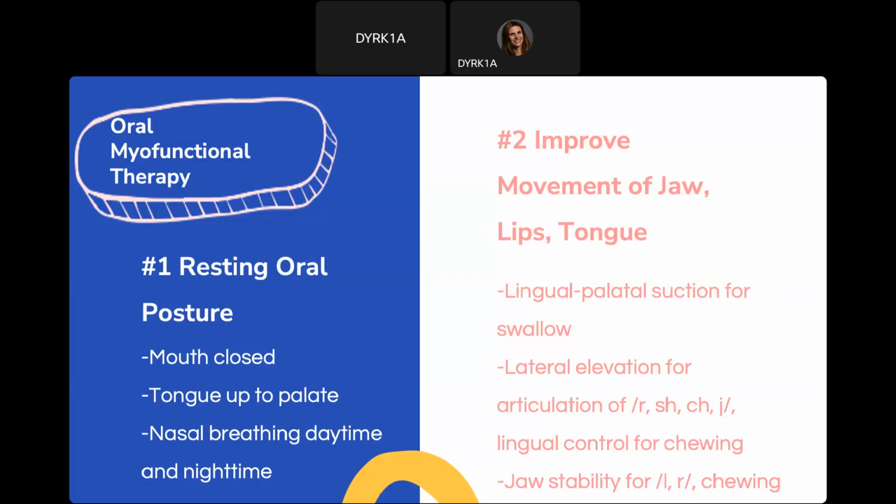But if there's a structural difference that is making those things difficult, it would be good to consider the structure and see what we can change or help develop. And then how can we improve the function? There's a lot we can do, especially with younger children as they're growing. There's a lot we can do to help them coordinate and improve the function.